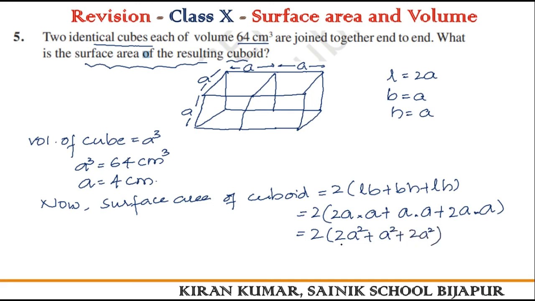In total there is 5A square to be multiplied to 2. It becomes 10 times A square. We have found the value of A. So 4 square to be multiplied to 10. We get 160 centimeter square. So the surface area of the new cuboid formed is 160 centimeter square.